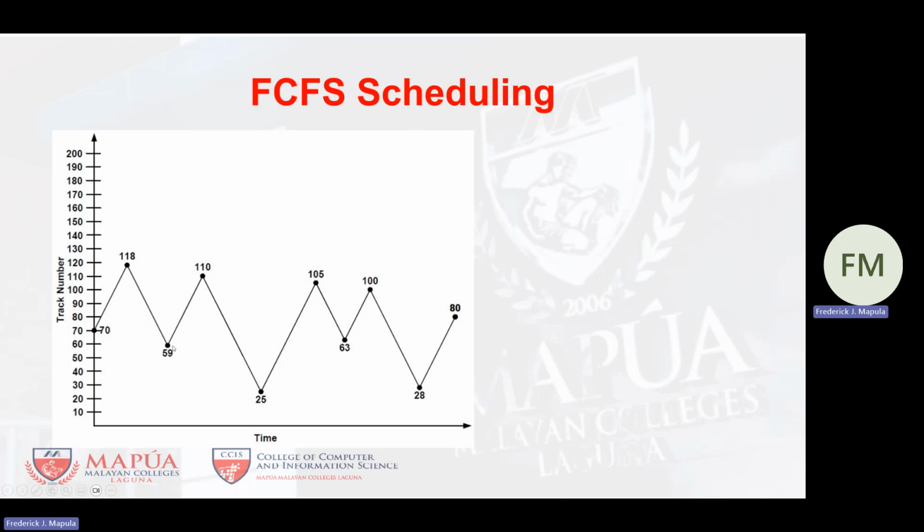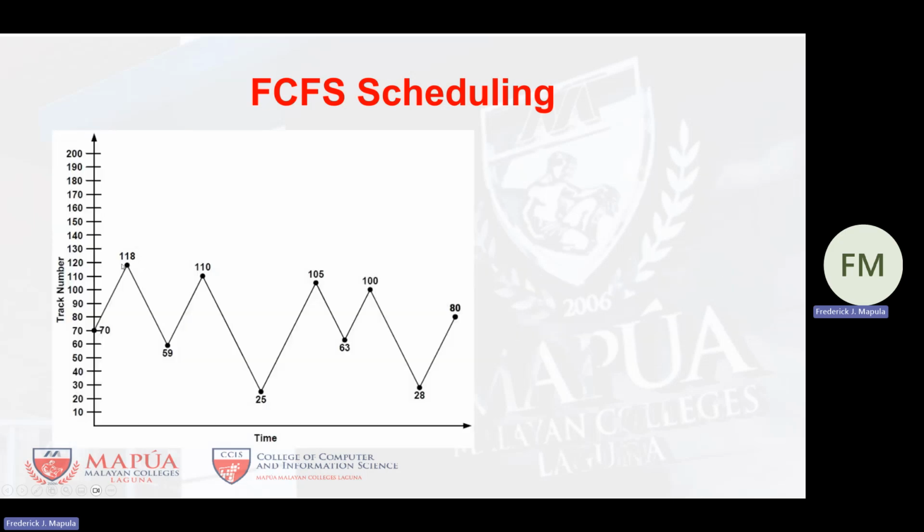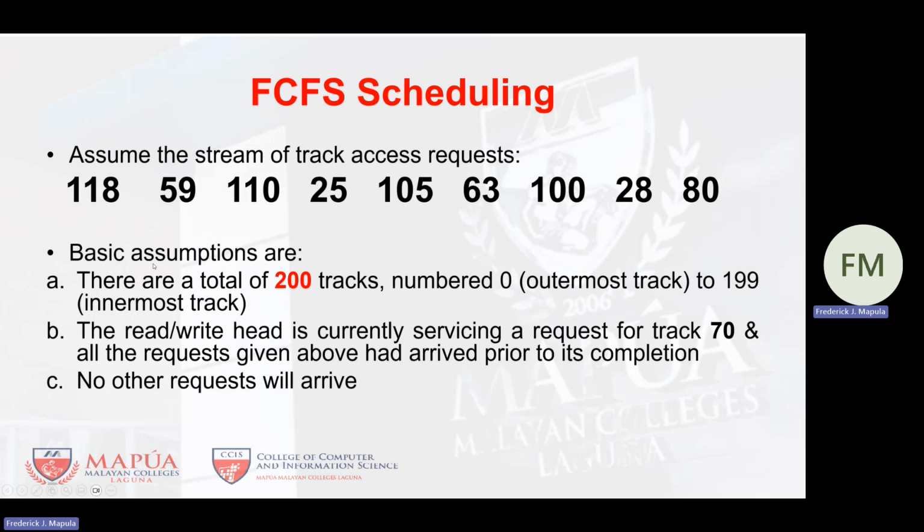Okay, so we have a graph, with an X and Y axis. So this is 70. And then what's our next? 118. Yes. So it's first come, first serve, right?